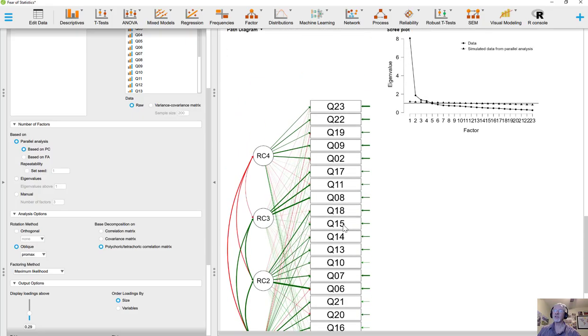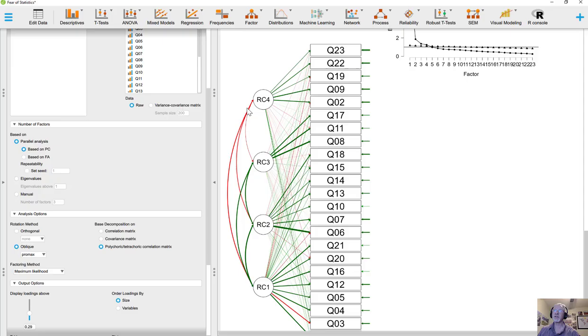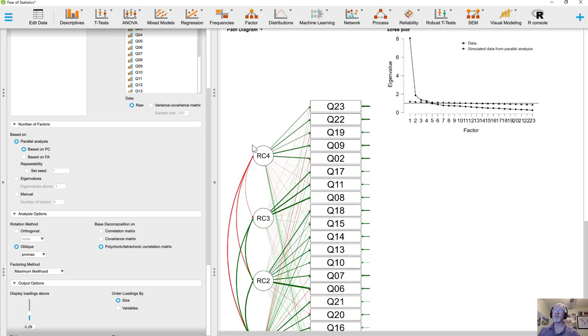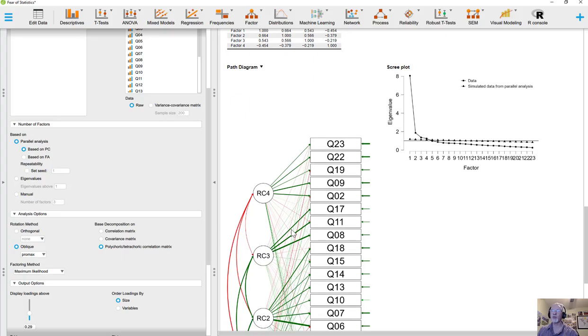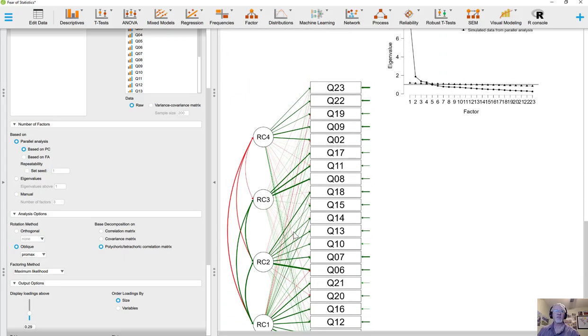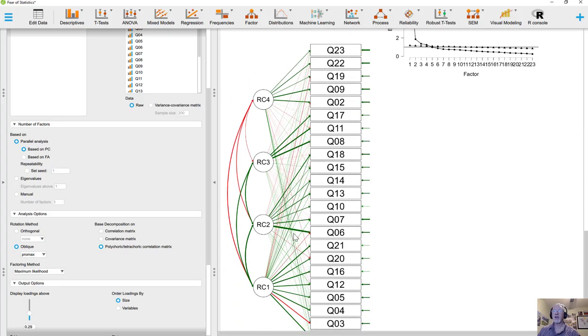The 4 factors get represented in a diagram like this. These double-headed curved arrows indicate correlations between the factors, which we allowed by specifying that we wanted to do an oblique rotation, and the type that we did was called a Promax rotation.